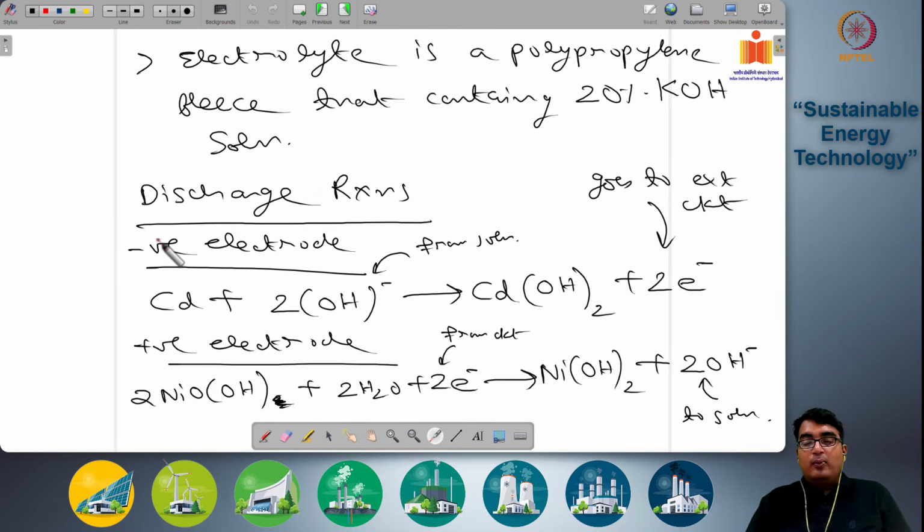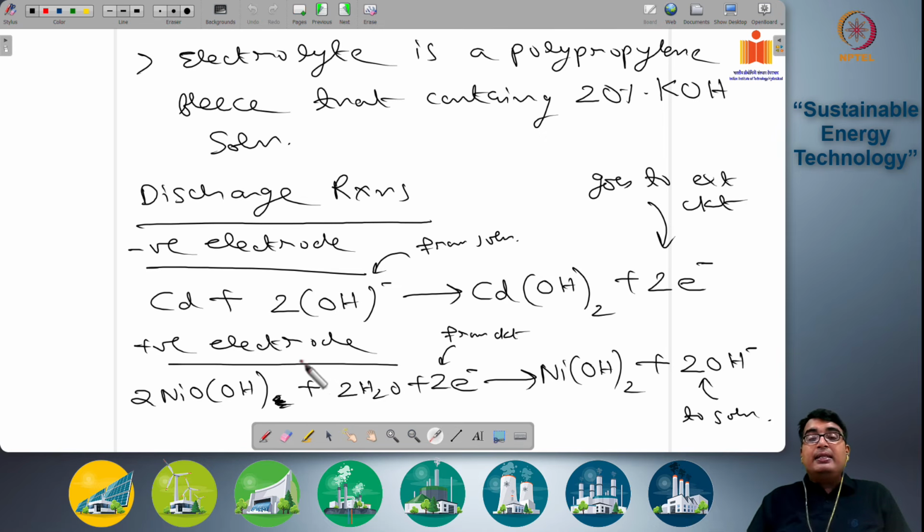One is at the negative electrode, that is the electron donor during the discharge process: cadmium and the hydroxyl ions that are present as a result of the dissociation of potassium hydroxide come together to form cadmium hydroxide and 2 moles of electrons. So the hydroxide ion reacts with cadmium to form cadmium hydroxide and the charge becomes free, so you get 2 electrons, and these go to the external circuit.